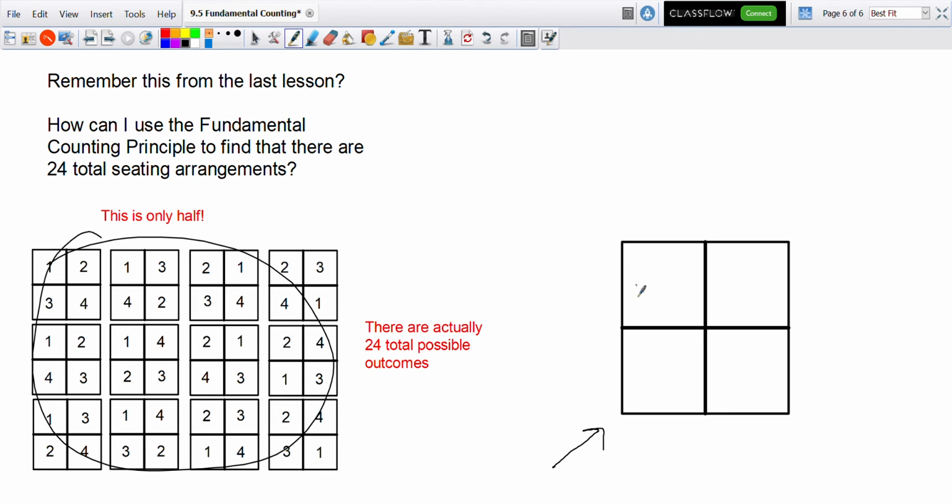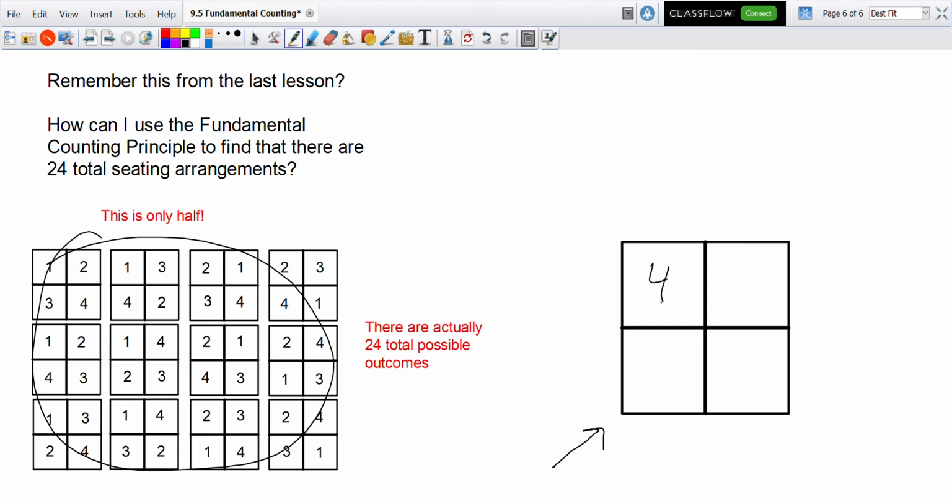Think, how many possible students, if I have student 1, 2, 3, and 4, how many possible students are able to sit here in this first seat? There are 4 possible students that I could sit there, right? In that first event, there are 4 possible students I can put in that seat.